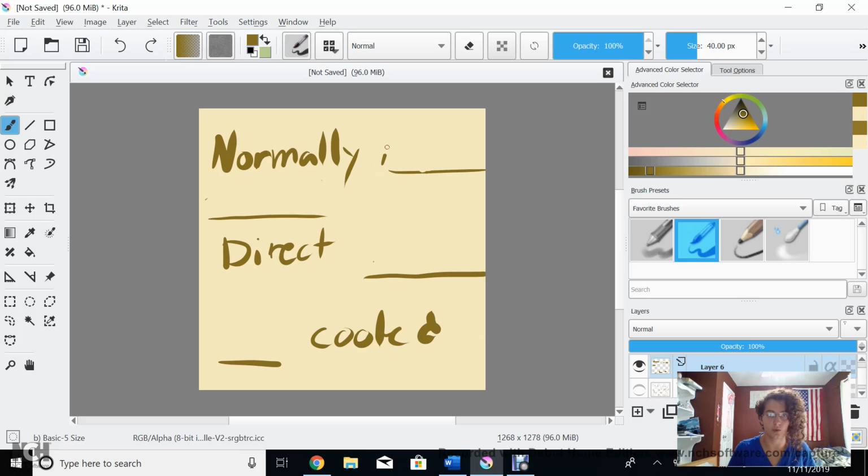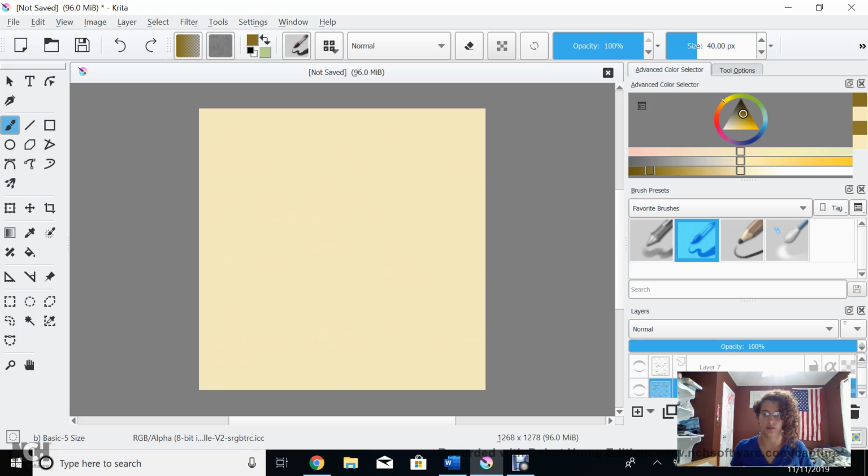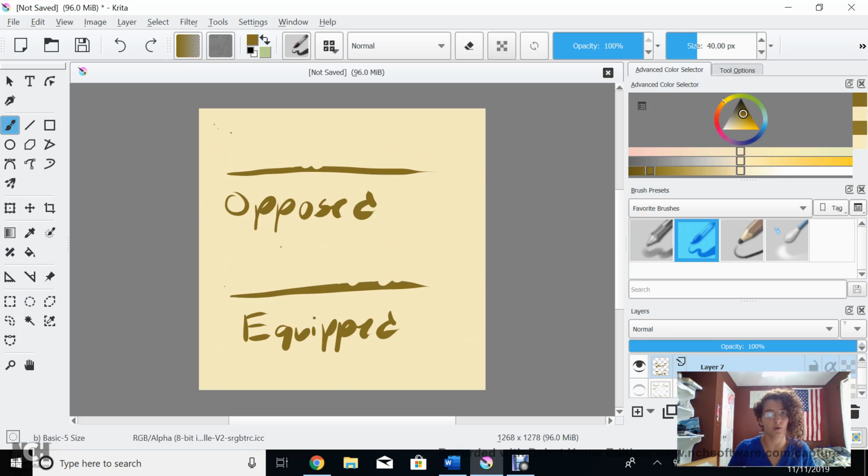It is normally aspirated, direct drive, air-cooled, horizontally opposed, and carburetor equipped.